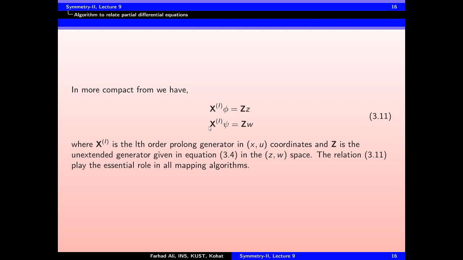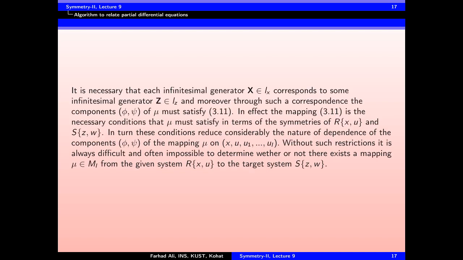So we find the symmetries and put them over here, and we will get a system of partial differential equations. We will solve those partial differential equations, and we will get the mapping between the coordinates of the given system and the target system.